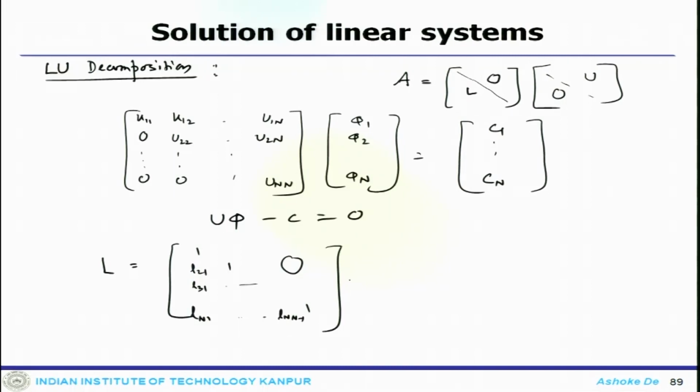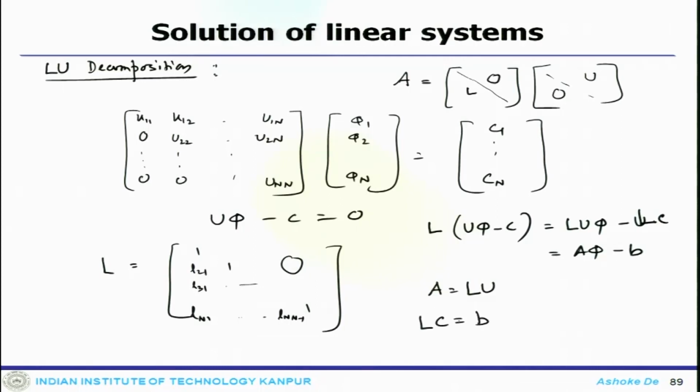Now this is a unique factorization, then one can write LU phi minus c equals LU phi minus Lc equals A phi minus b. Now what the properties of the matrix say is A equals LU and then Lc equals b.